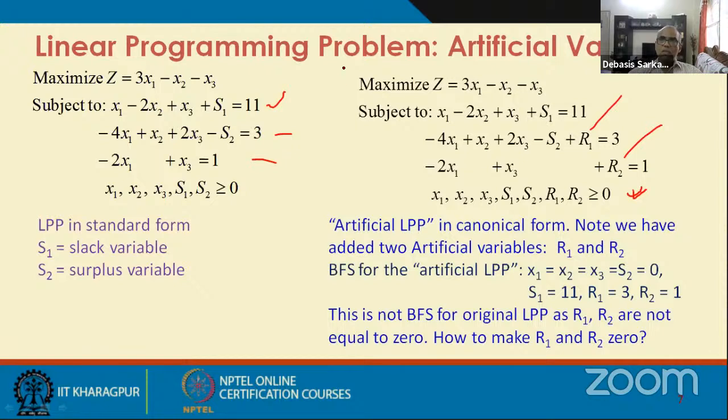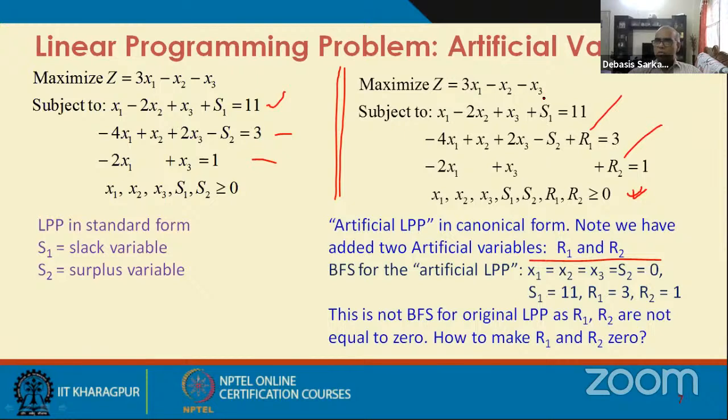So let us call this the artificial LPP. Note that this is in canonical form. I can set x1, x2, x3, s2 to 0.